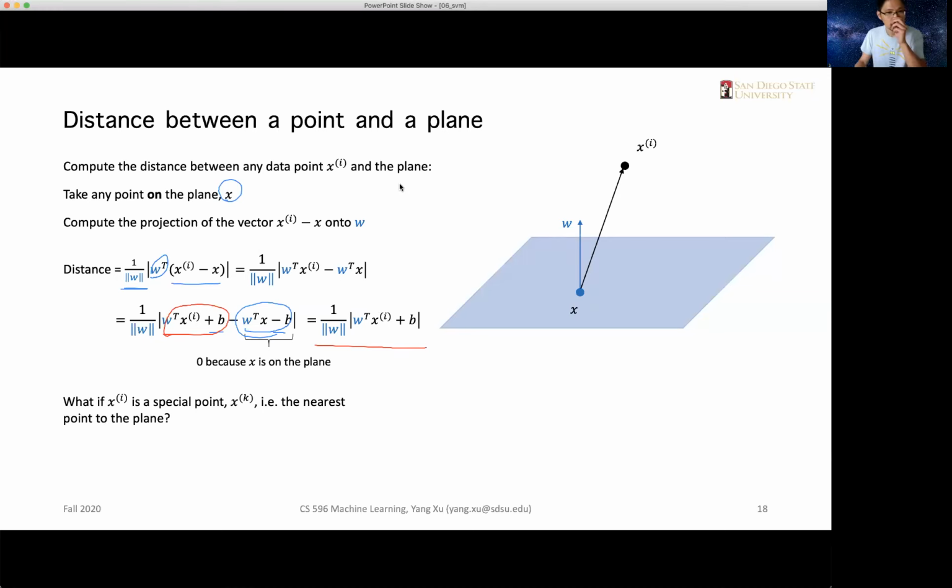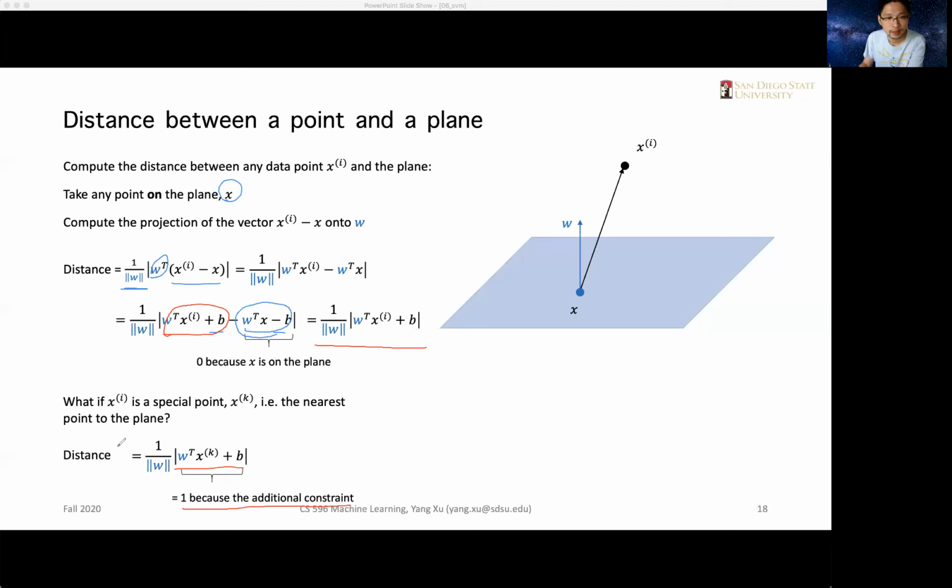So what if xi is a special point, say the closest data point to the plane, say xk? It is the nearest, because we already defined that the nearest point to the plane must satisfy that the expression should be 1. That's something we defined as our additional constraint, okay?